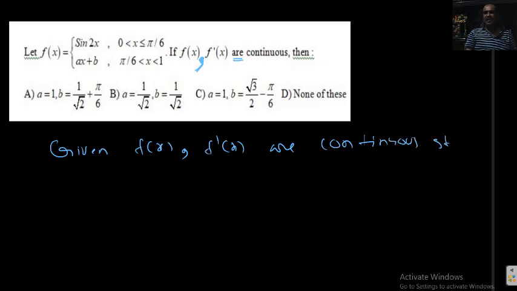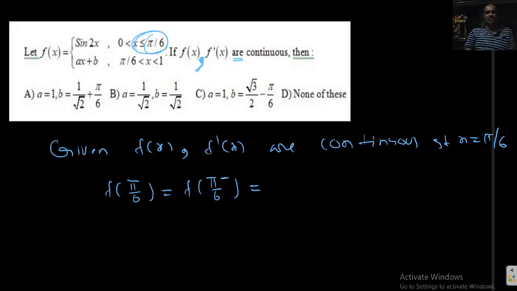Okay, given f of x, comma, f dash of x are continuous at x equal to pi by 6. First of all, what I should find: f of pi by 6, or f of pi by 6 minus, the LHL. I am going LHL and f of pi by 6, both are for this rule only.